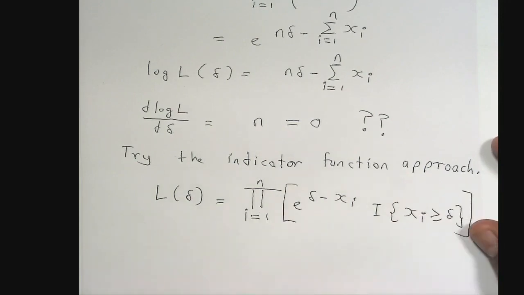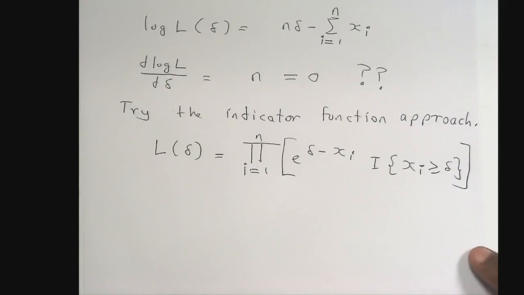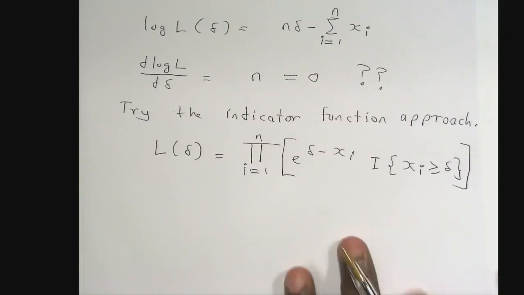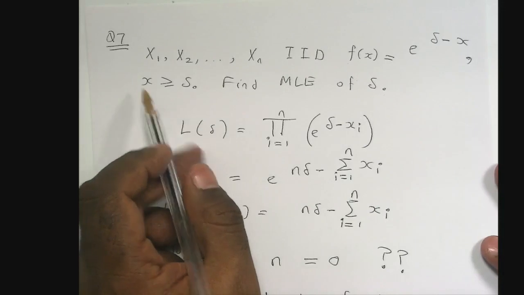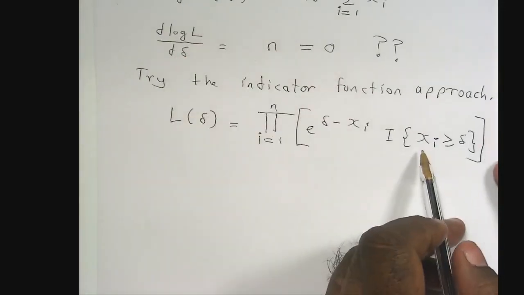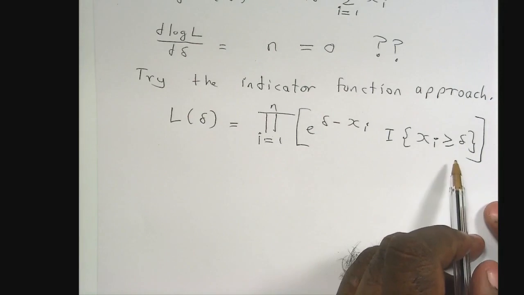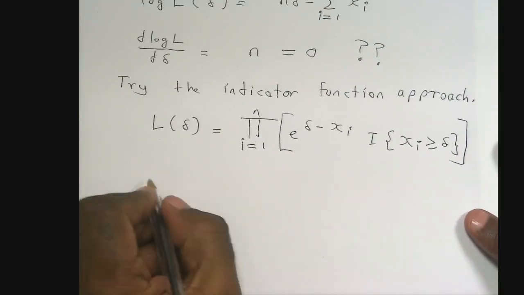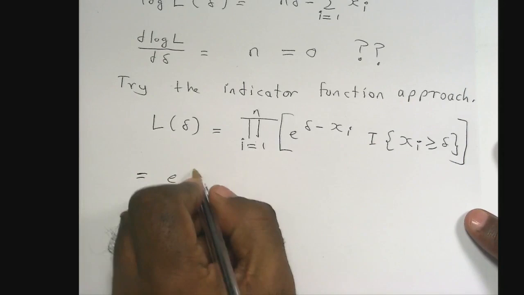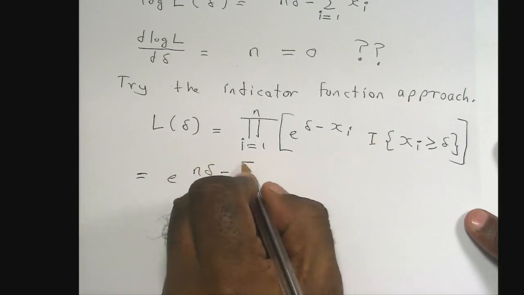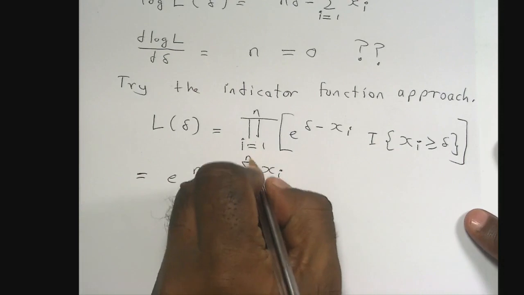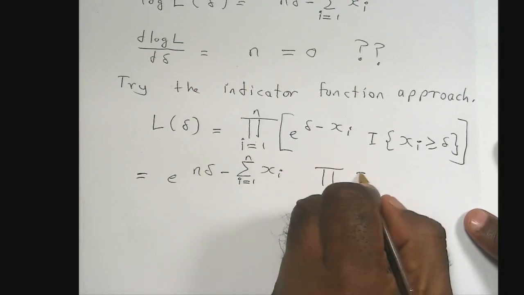Do you see what I've done here, guys? I have put the condition that xi must be greater than or equal to delta, because if you look over here, we have x greater than or equal to delta. That means every xi must be greater than or equal to delta. So if you simplify this, you get this.